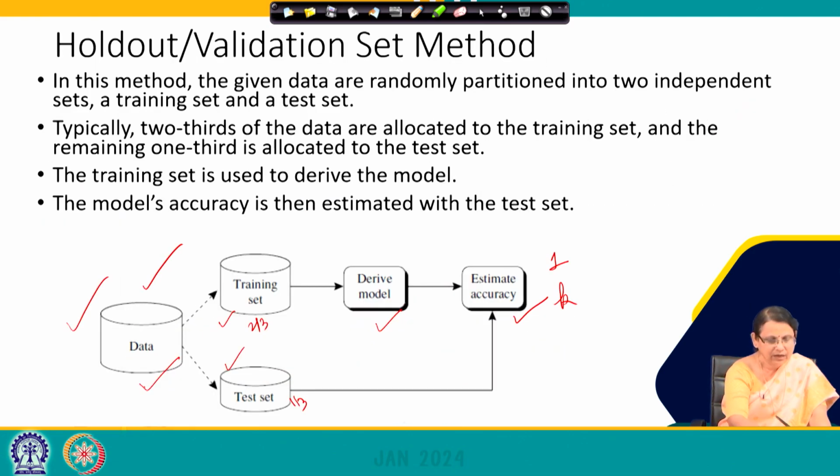Then just like we did in this method, now for partition 1 we will be carrying out this. In the case of holdout, this is the entire data.